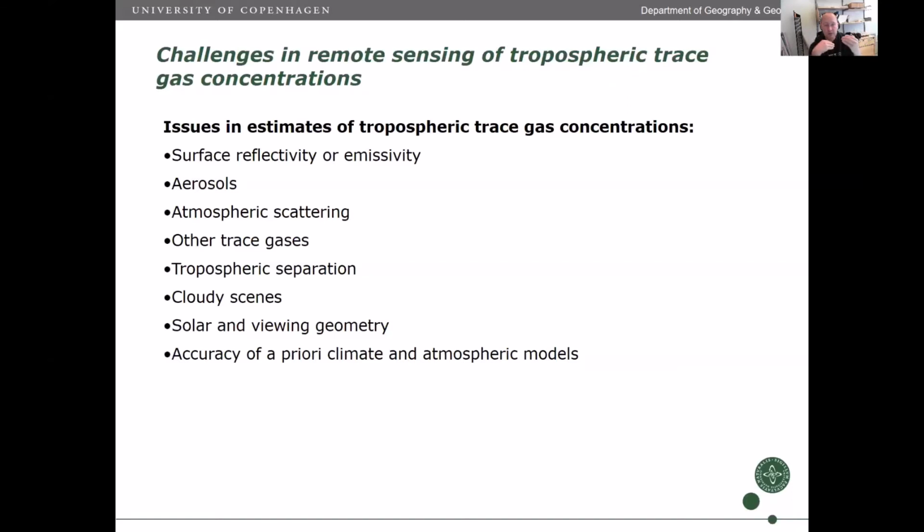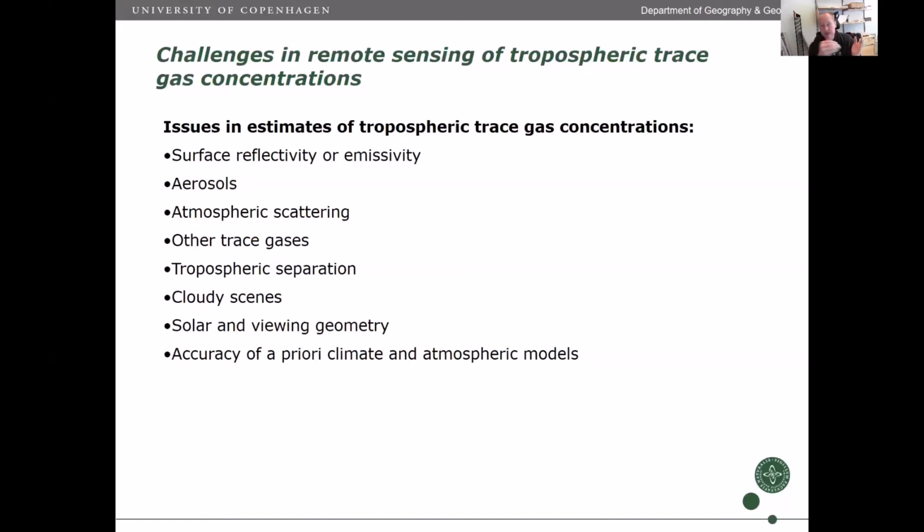There are many different trace gases, so we need to consider removing the concentration of those as well. And we are living in the troposphere, and that's why we are interested in what's occurring down in the troposphere, because this is the part of the atmosphere where we are living.